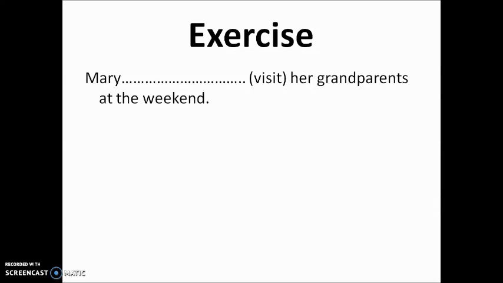Remember to use the verb be plus going to plus the base form of the main verb. With Mary we can use is plus going to, is going to, and the main verb visit. The correct answer is going to visit her grandparents at the weekend.